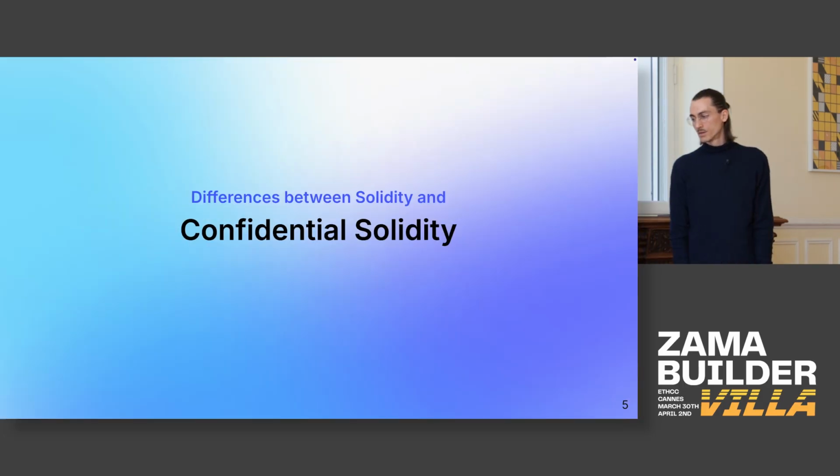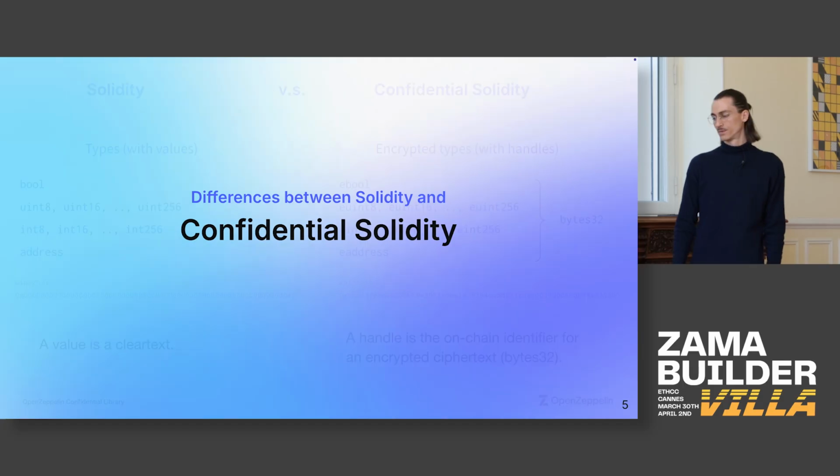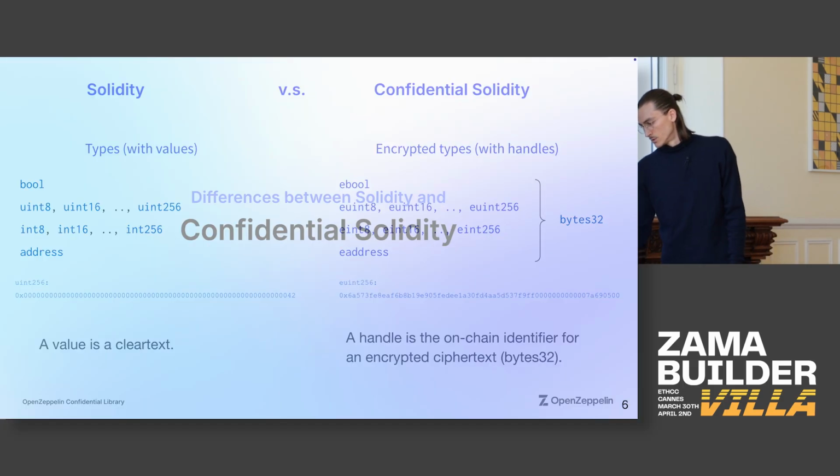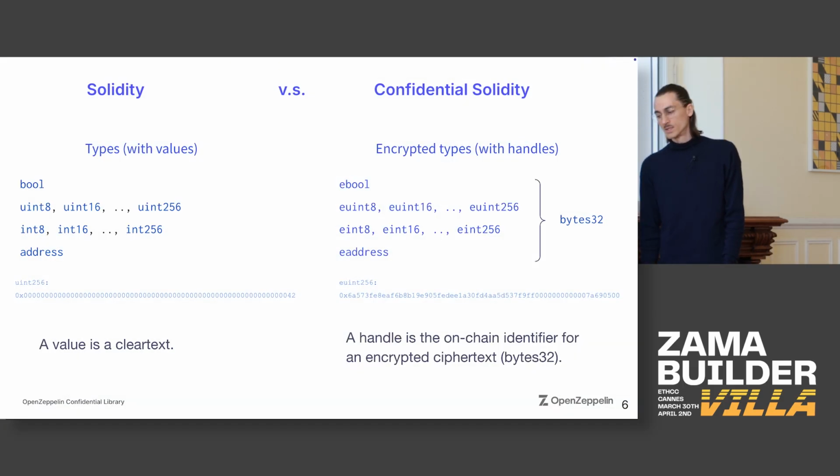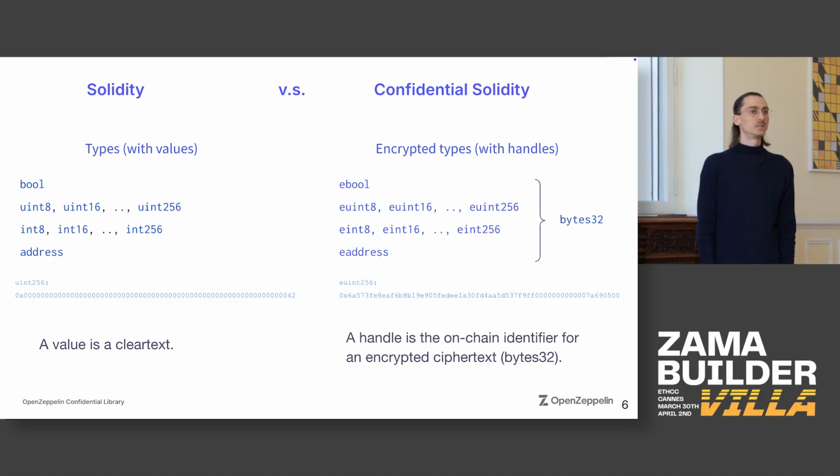So what are the differences between Solidity and confidential Solidity? First, confidential Solidity is still Solidity. It's not another language. It's more like tooling on top of Solidity. The first difference is around types. In Solidity, we have bool, int, and address, and each value is clear text.